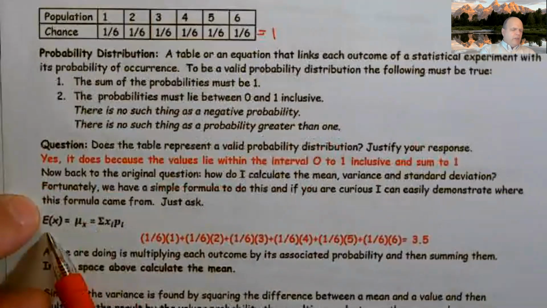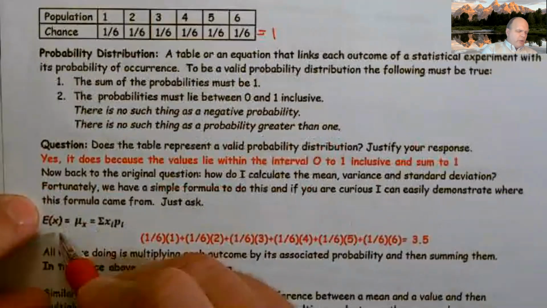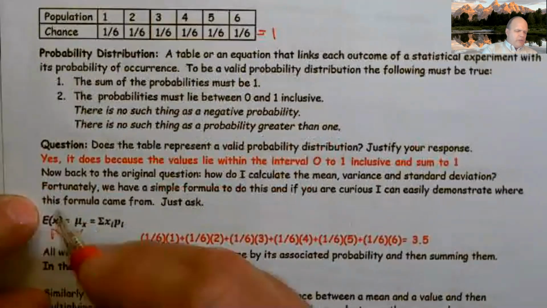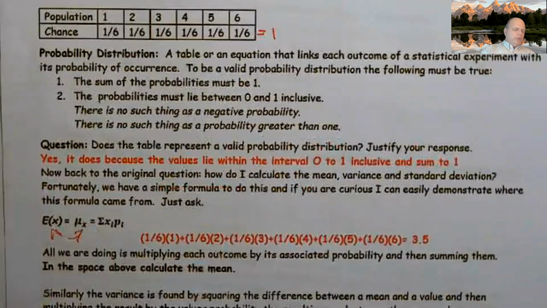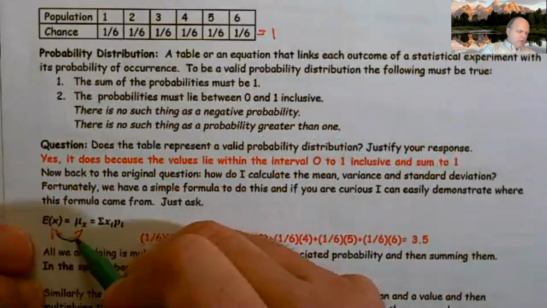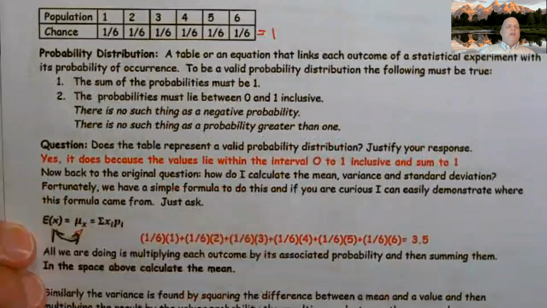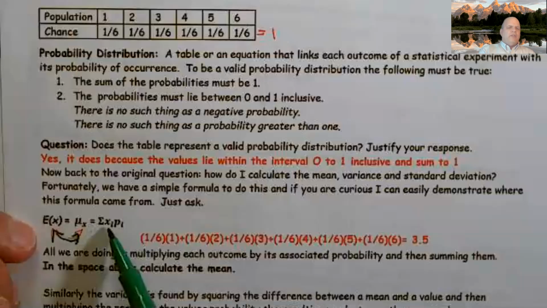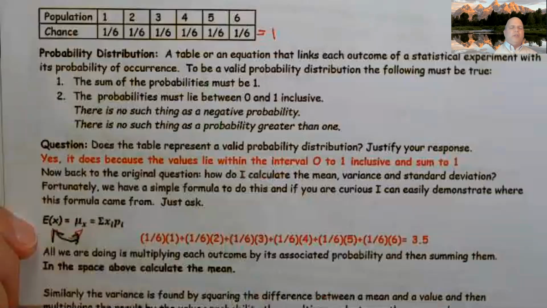The expected value just means on average, what do you expect? These two terms are mostly interchangeable, not 100%, but pretty close. What do you expect to happen on average? And you're going to sum up all the x's multiplied by their probabilities. Well, what x's did we have?